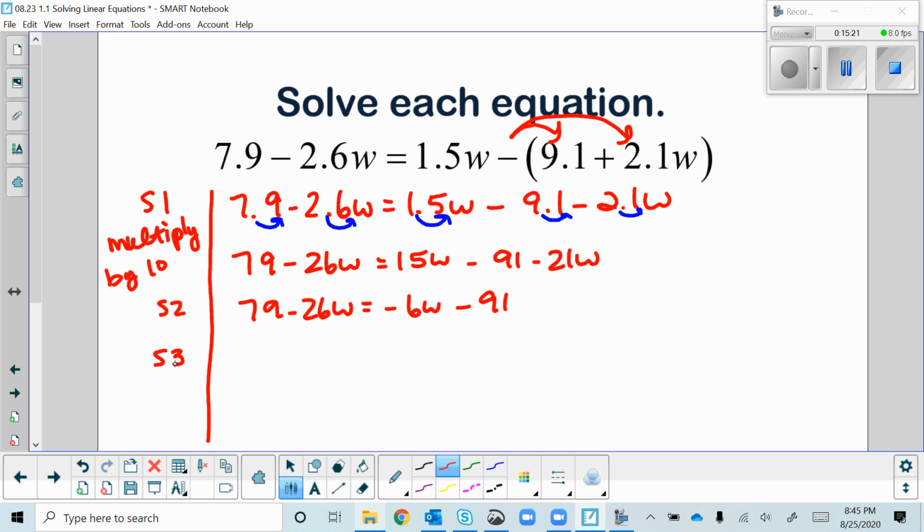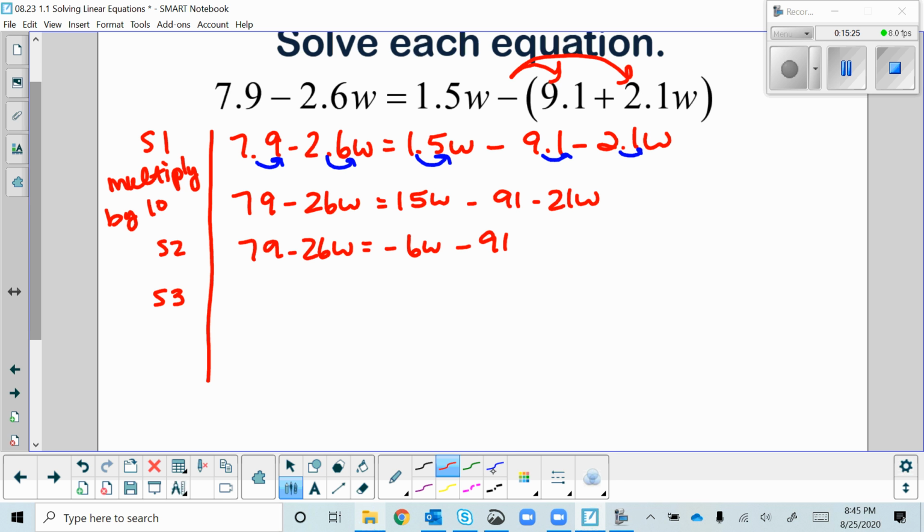Step 3 is moving the variables to one side and constants to the other. So what I'm going to do is move the W from the left to the right by doing the opposite, which is plus 26W. And since I moved the W's to the right, I move the constants to the left.